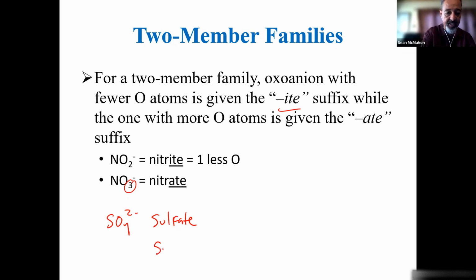So sulfite, 1 less than 4, is SO3 2-. That's the power of the 4, right? It tells me that the sulfite only has 3 oxygen, but the nitrite has 2. Why? Because nitrate has 3, it's not on the 4, and sulfate has 4, it is on the 4.